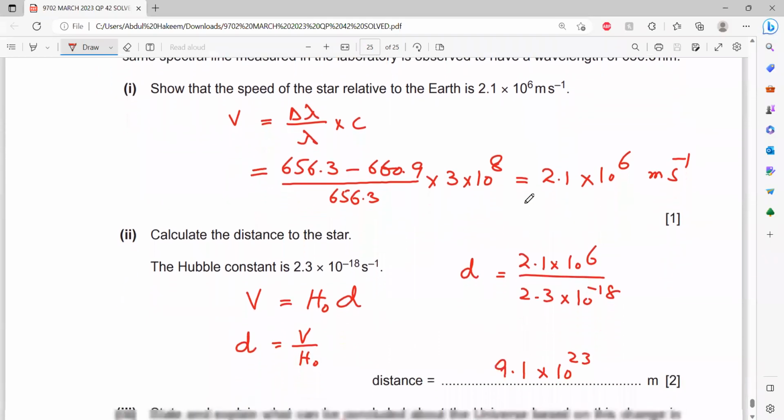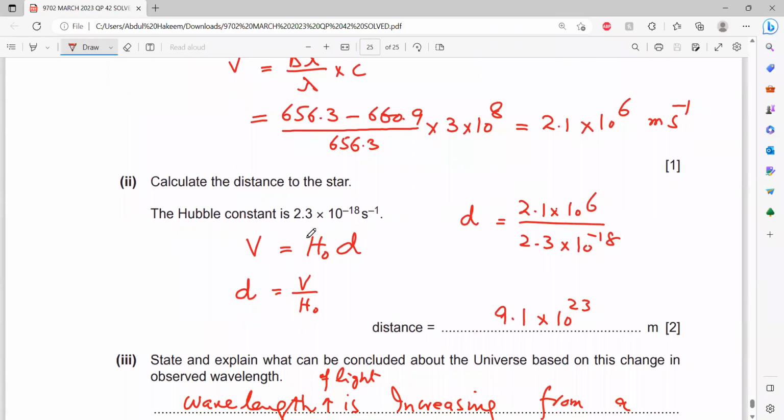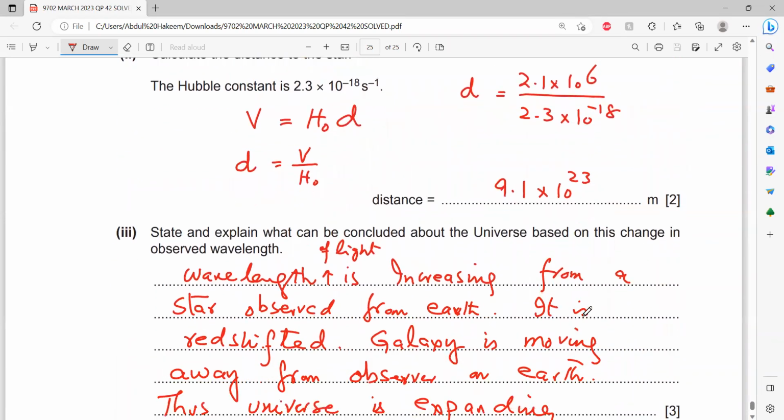Proved. Calculate the distance to the star. Hubble's law is V equals H naught D, so D is equal to V over H naught. V is calculated and Hubble's constant is given as 2.3 times 10 power minus 18. So the answer for the distance is 9.1 times 10 power 23.